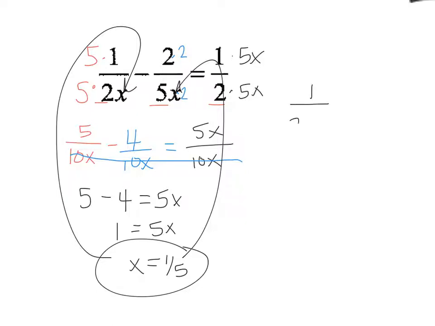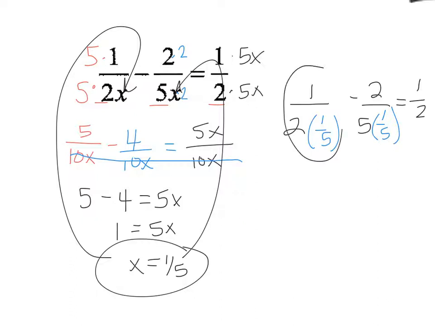So it's 1 over 2 times 1/5 minus 2 over 5 times 1/5. And does this equal 1/2? So 1 divided by 2 times 1/5 is 1 over 2/5, minus 5 times 1/5 is just going to be 1, so it's just going to be minus 2 equals 1/2.